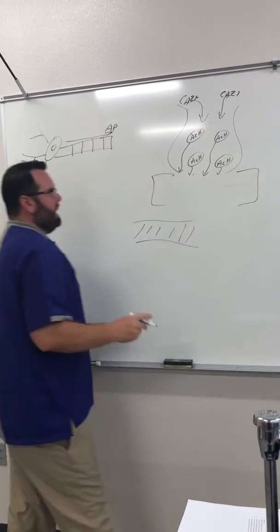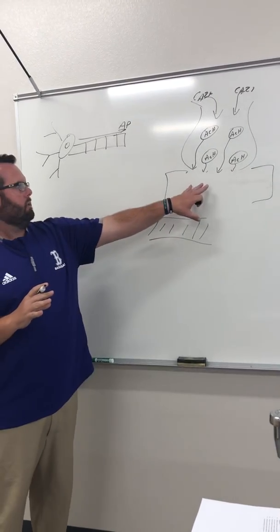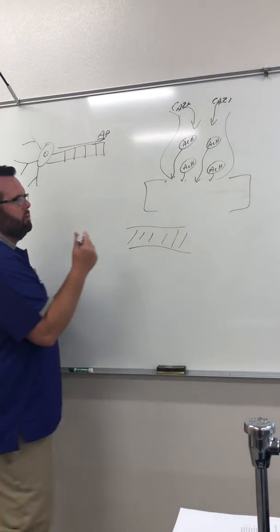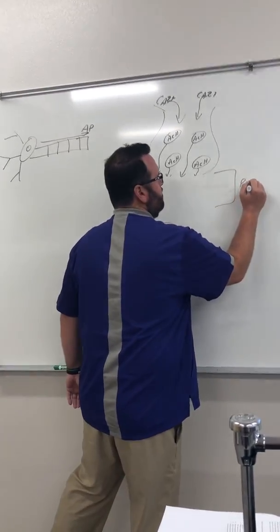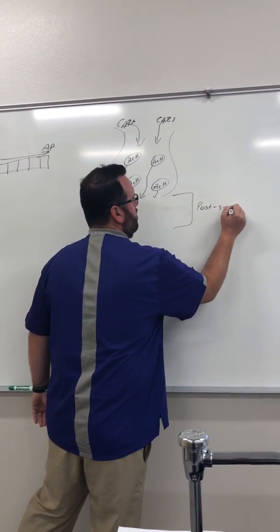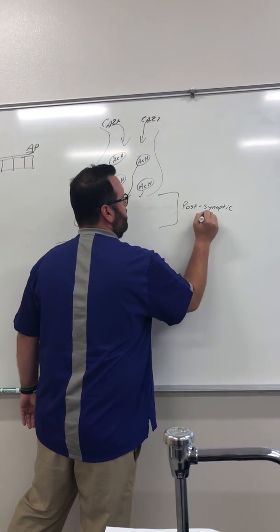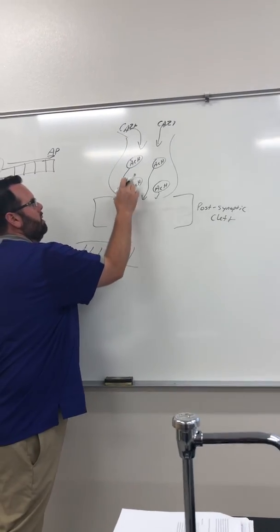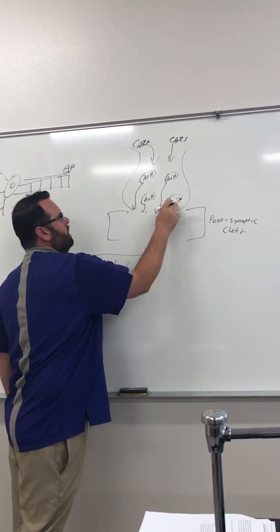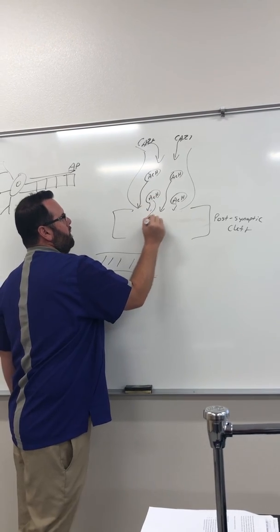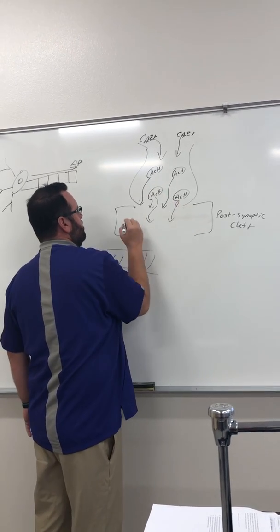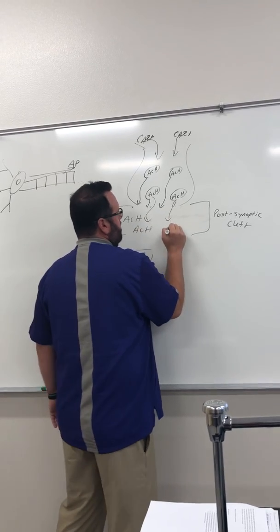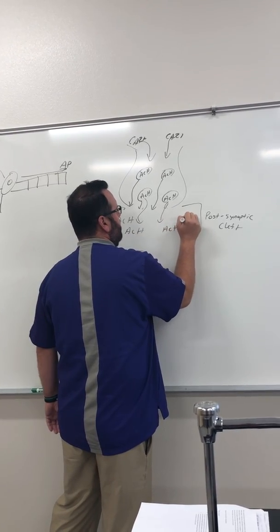Then you have this little space between the motor neuron and muscle cell called the postsynaptic cleft. Okay. Acetylcholine is then going to flow out of these vesicles, okay, and hang out right here in the postsynaptic cleft area.